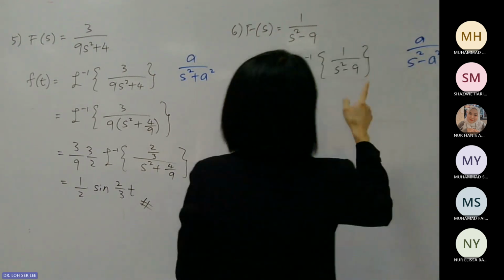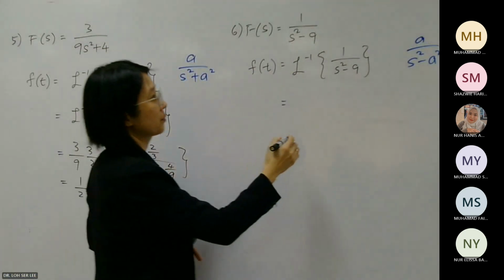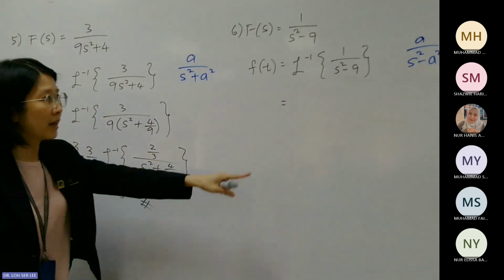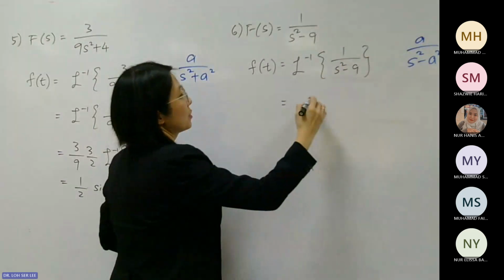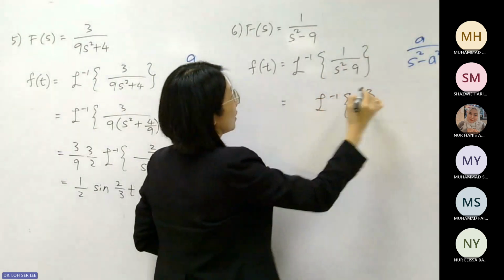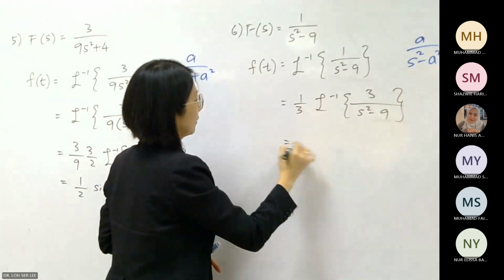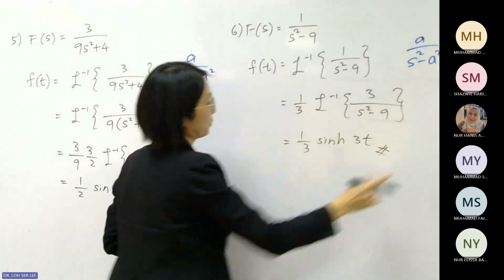So what is your a? Your a is 3. So you should have a 3 here at the top. You insert a 3, you divide the 3 outside. Hyperbolic sine 3t.